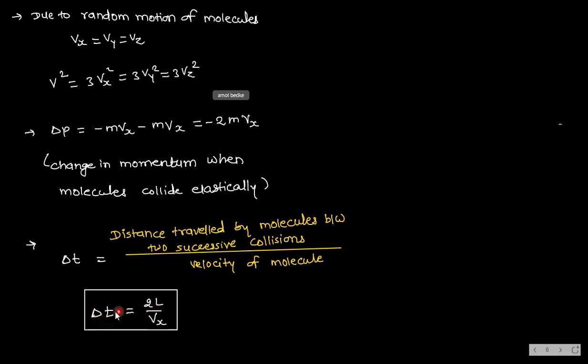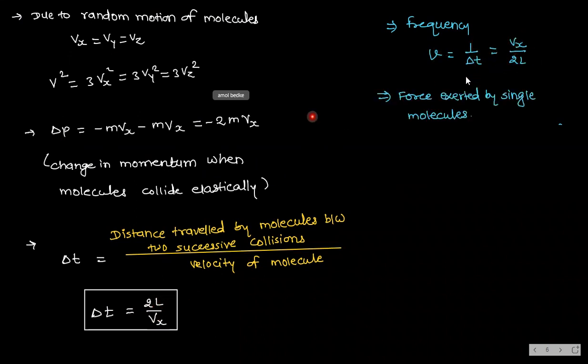That is the time between two collisions, or the time taken to travel a distance of 2L. Now frequency is the reciprocal of time. So nu is equal to 1 by delta t, and taking the reciprocal of that, Vx by 2L.